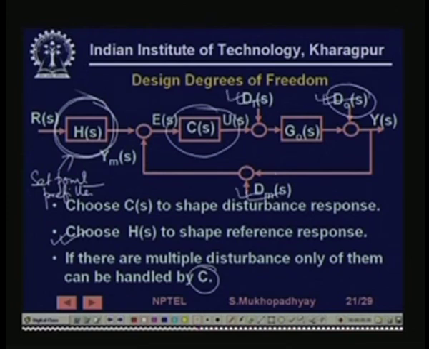You can do it for only one of them. These have to be realized to be able to choose the control structure. So this tells us that if we want to assign independent disturbance and reference responses, then we cannot use the conventional control structure, because that is 1 degree of freedom.